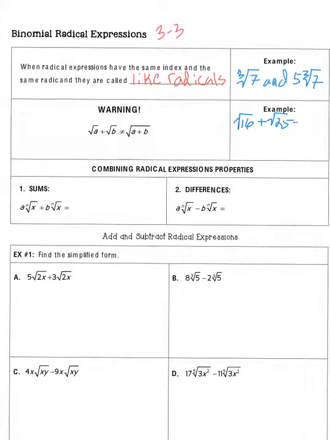Currently the square root of 16 is 4 and the square root of 25 is 5. So 4 plus 5 is 9. So the square root of 16 plus the square root of 25 should come out to be 9. What you can't do is put 16 plus 25 underneath the radical and expect that to come out to be 9. 16 and 25 is 41, and the square root of 41 is not 9.